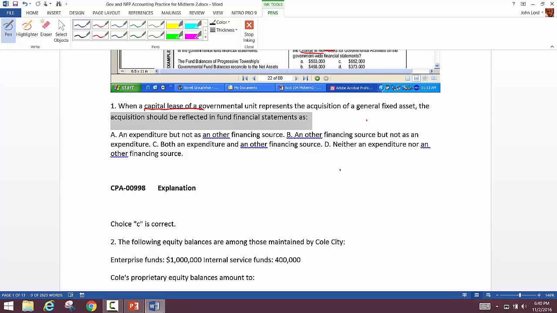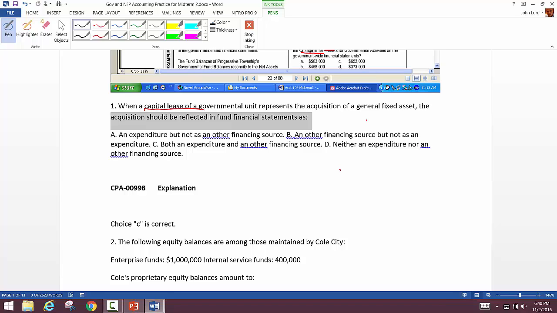Did I say modified? When we use full accrual accounting, what do we do? Oh, when we acquire equipment using full accrual accounting, we have to debit equipment and we credit the obligation on our capital lease, right?